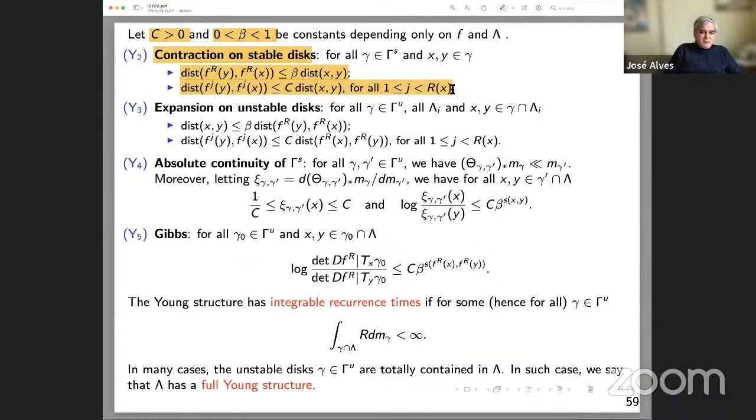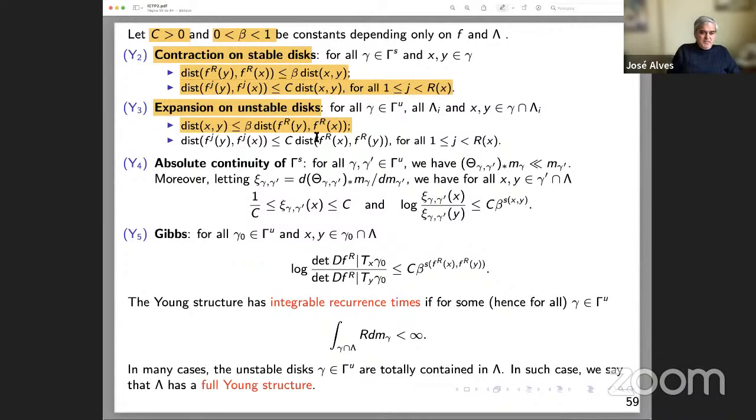Okay, so this is the contraction on stable disks, and we have similar properties for the unstable disks: this is the expansion on unstable disks. The expansion is stated as usual in terms of when we go to the image and look back, we have contraction. That's this condition here.